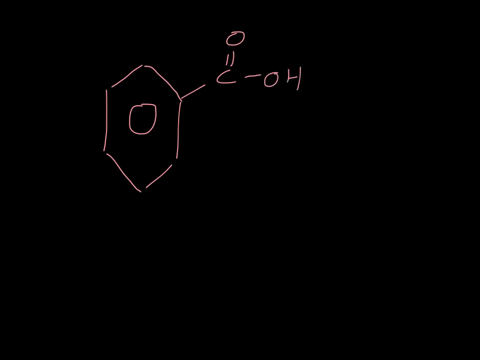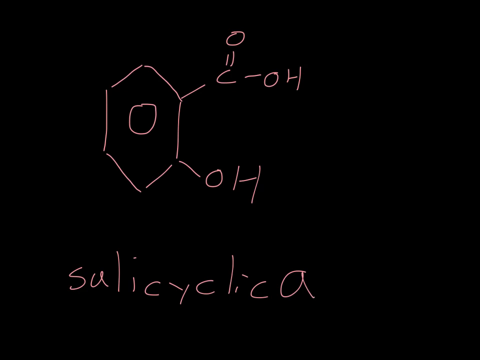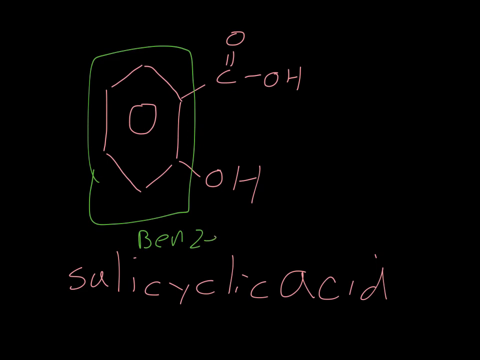All right, let me draw our salicylic acid again here. So in our salicylic acid, we have a benzene ring, and to that benzene ring, we've added two little outliers here, right?